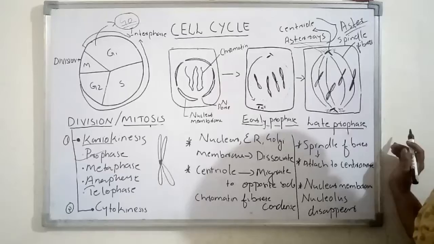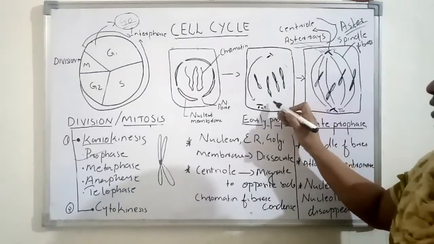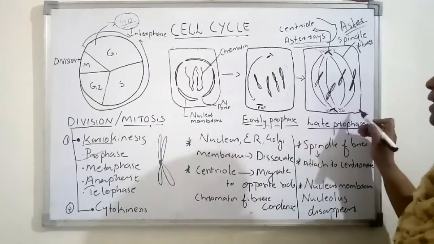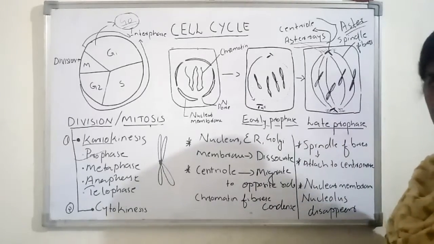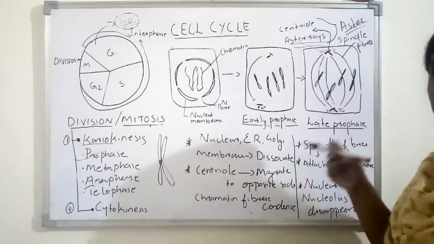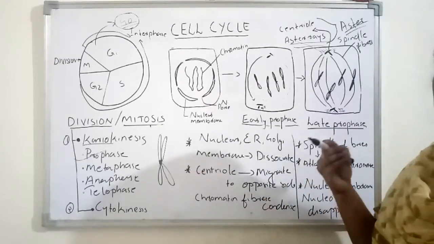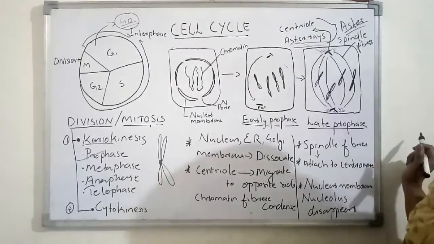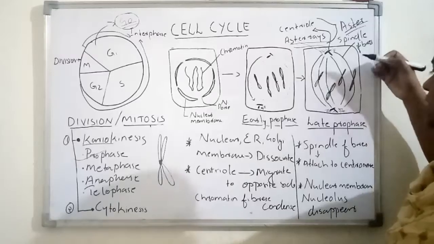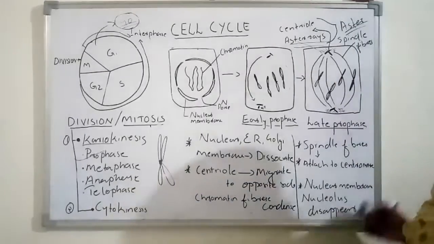The dissociation of the nuclear membrane started earlier, and it will completely disappear in this late prophase. In late prophase, you cannot see the nuclear membrane, and the nucleolus also will disappear. So these are the major features that you can observe in the late prophase.